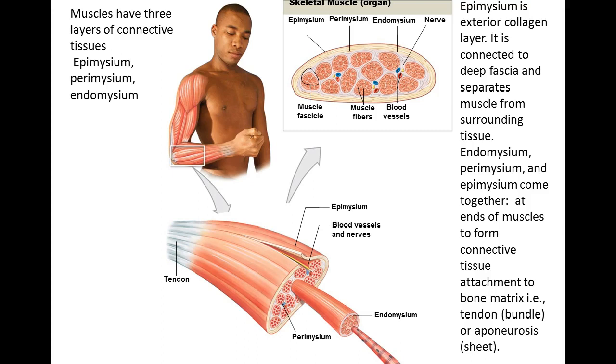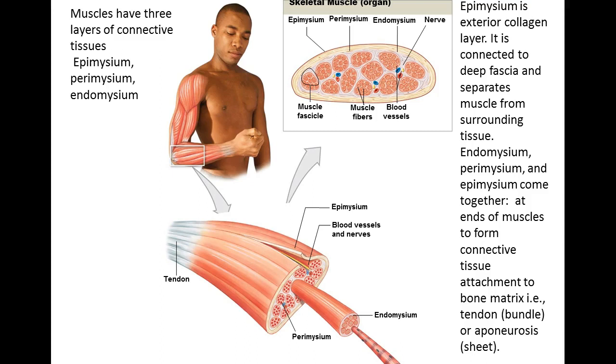The exterior collagen fiber layer is connected to the deep fascia, but manages to separate the muscle from the surrounding tissue. So this epimysium has kind of a multi-layer job in the fact that it surrounds the muscle itself, muscle proper, but interacts with the tissue around the muscle, which is going to be other layers of connective tissue.